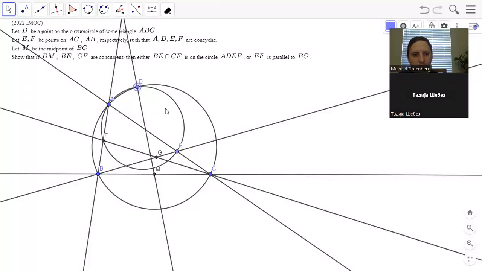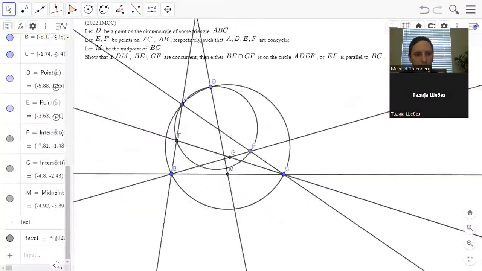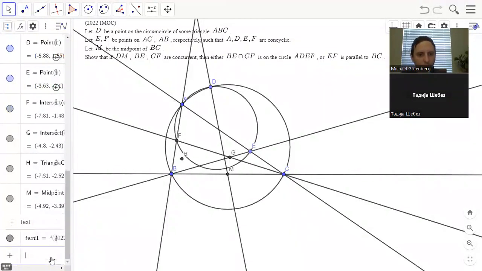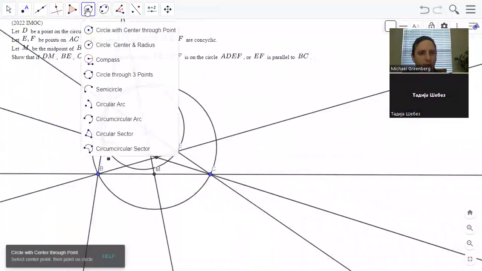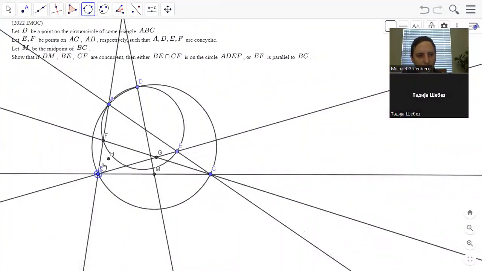Take G. So if I let H be the orthocenter, and I mean yeah, it's the same as reflecting the circumcircle.